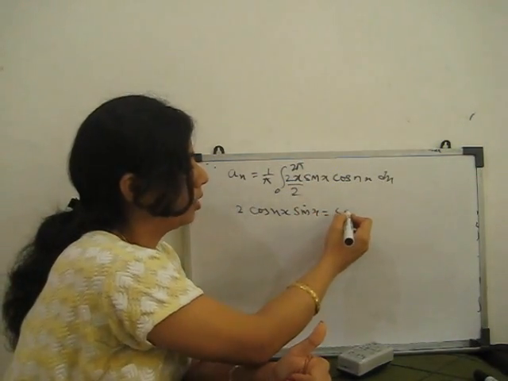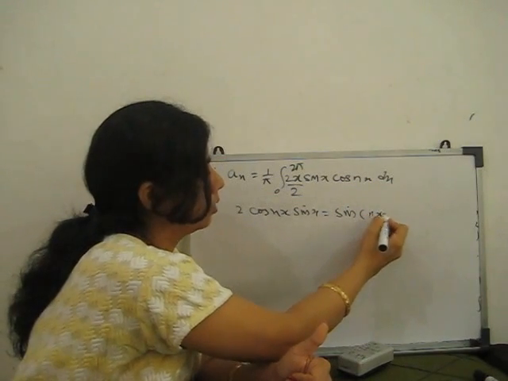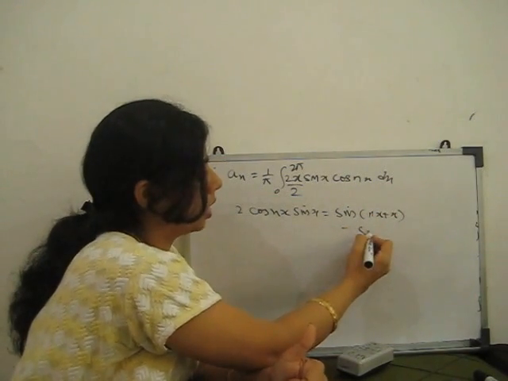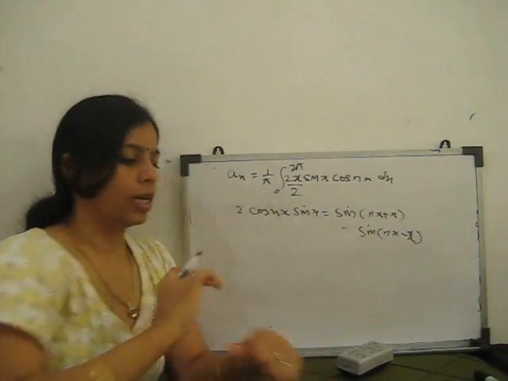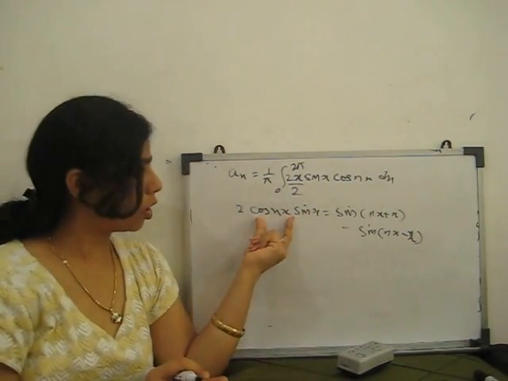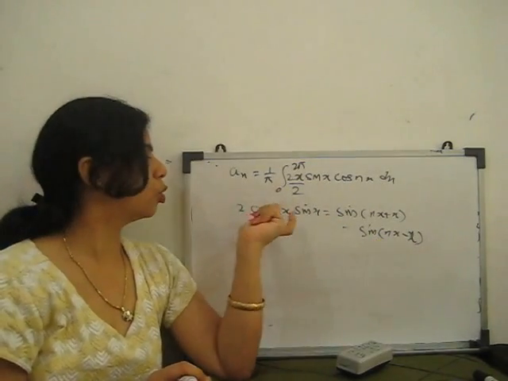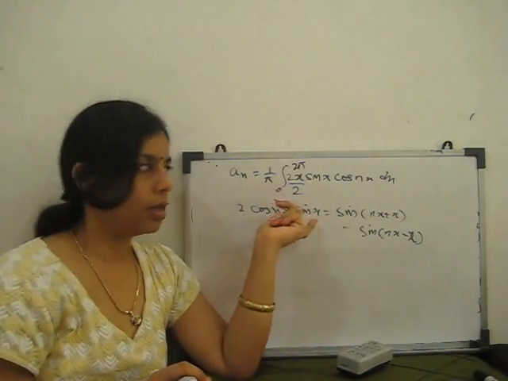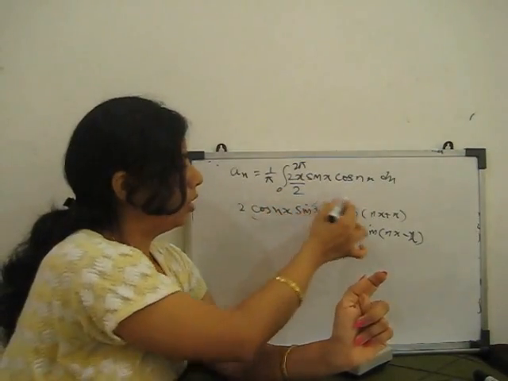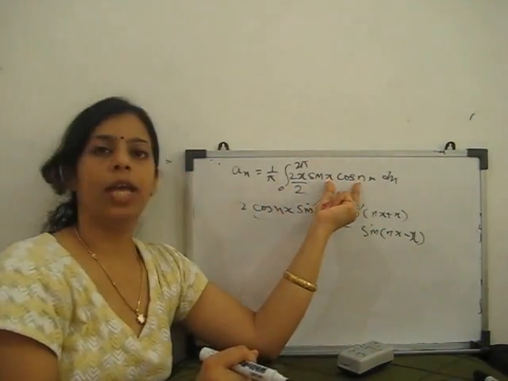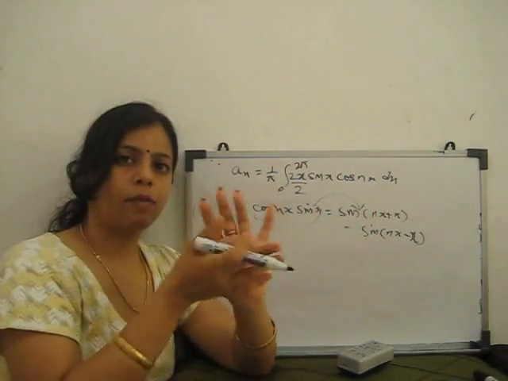It gives, by sin(a plus b), sin(nx plus x) minus sin(nx minus x). Clear? So sin(a plus b) minus sin(a minus b) gives 2 cos a sin b. So we replace this term with this term. We break the sine and cosine multiplication into individual sines, because we cannot integrate the product of sine and cosine.